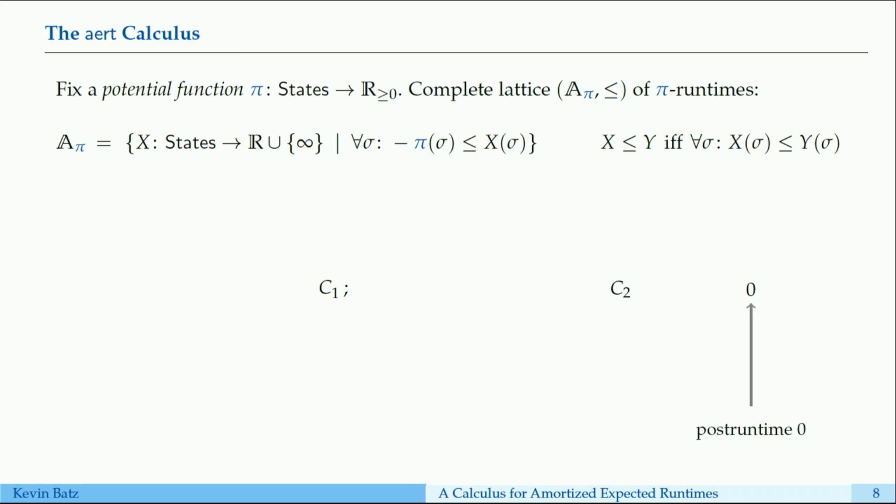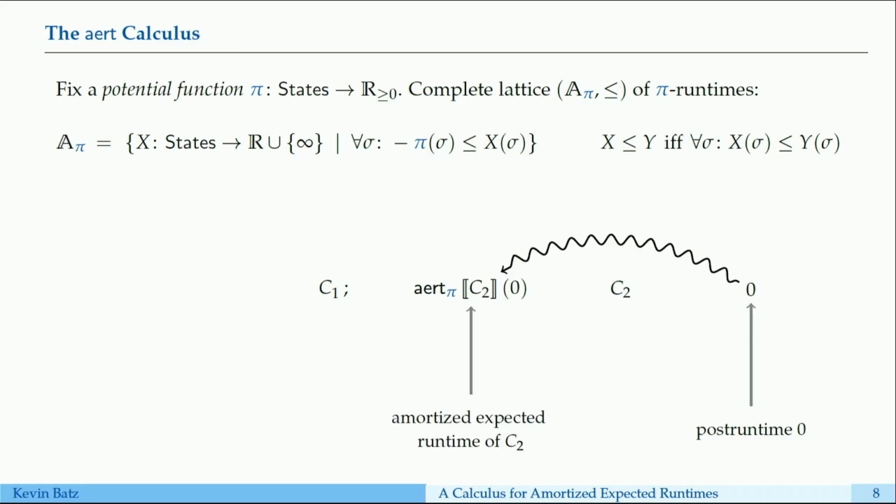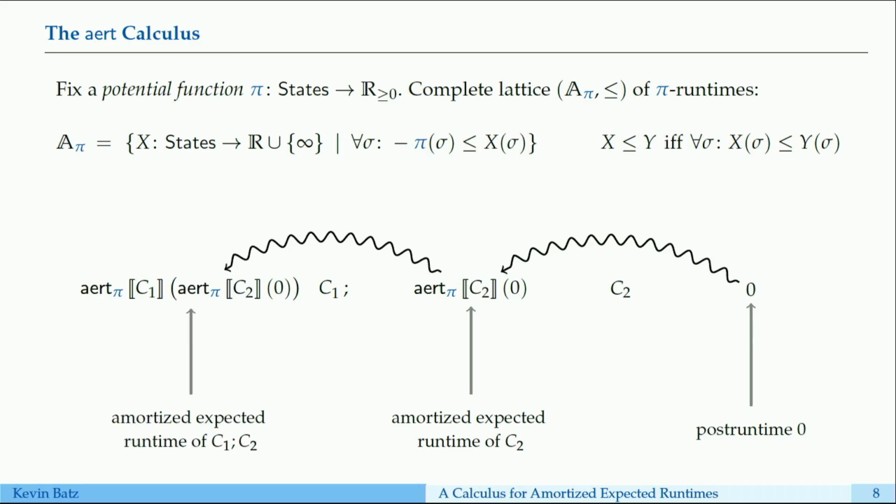And then we apply the aert to C2. This will give us the amortized expected runtime of C2. And this will then be our new post-runtime that we use to apply the aert to C1. So that in total we get the amortized expected runtime of C1; C2. So in this sense, our calculus is compositional with respect to the program that we analyze.